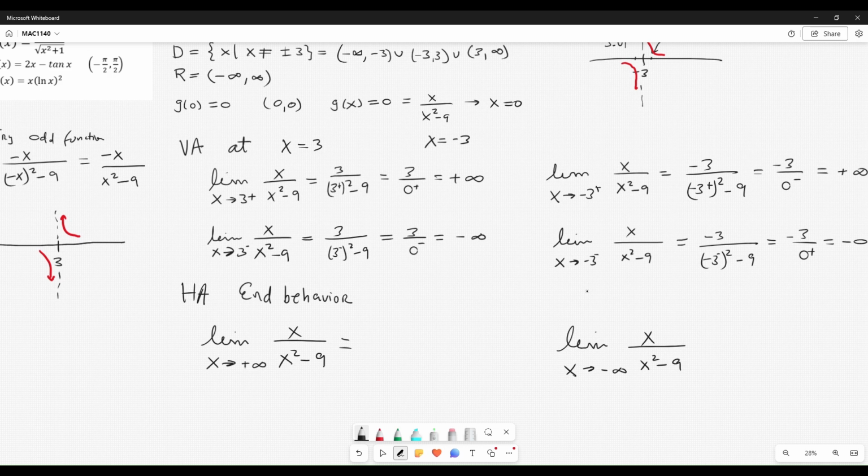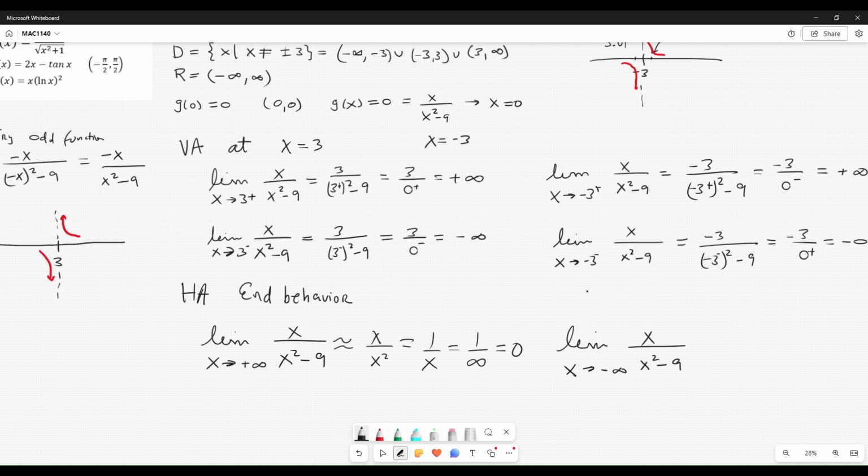Well, this is easy. This is dominant, so this is approximately x over x squared, and this is equal to 1 over x, because things cancel out. This is 1 over infinity, que es 0.